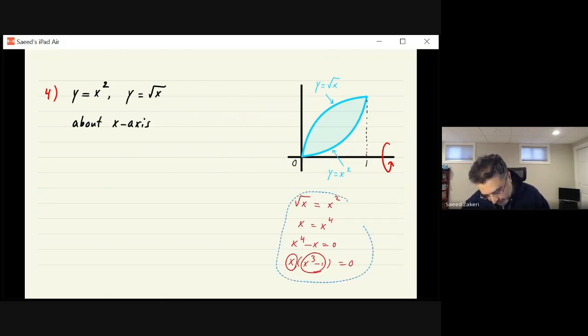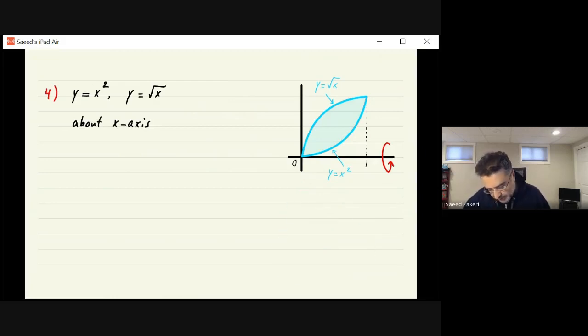For some reason, it just happened that in most of these problems, our endpoints were 0 and 1. But I don't want you to get the idea that it's going to be always 0 and 1. It's just an accident. All right, so I don't have to worry about any tweak in this picture. We have the standard formula.